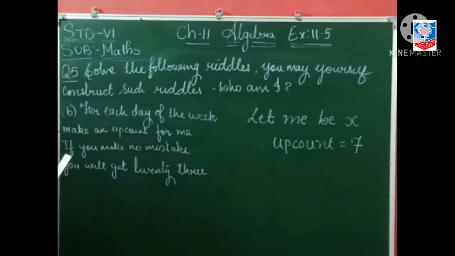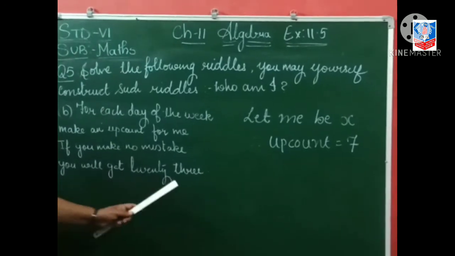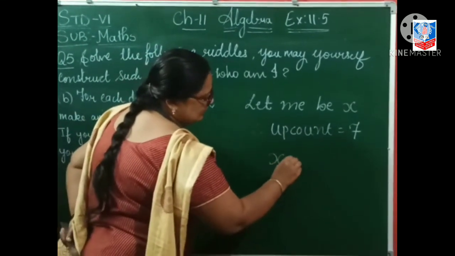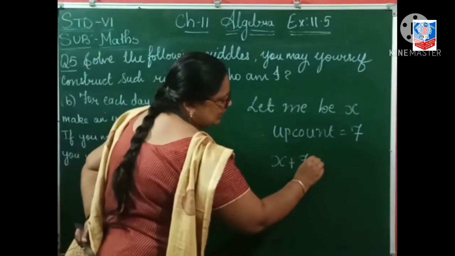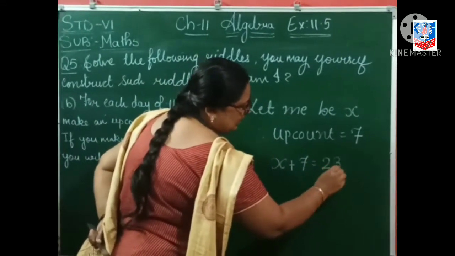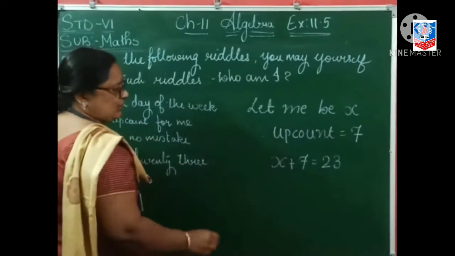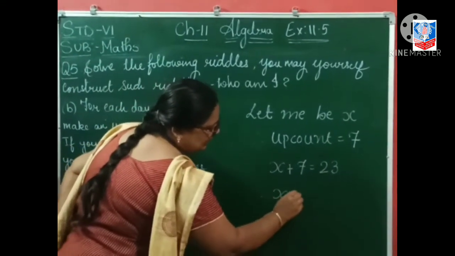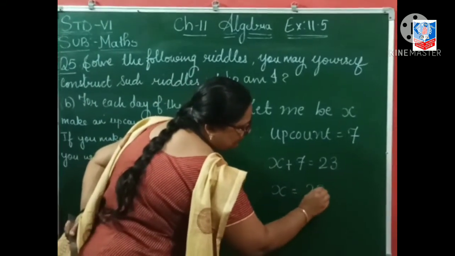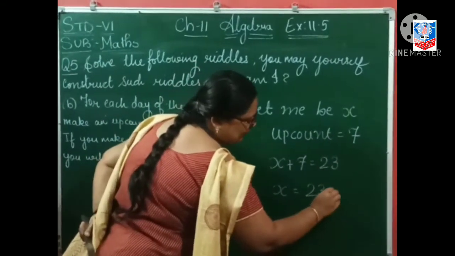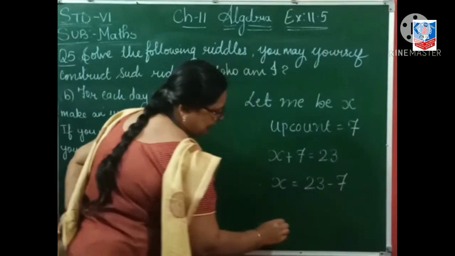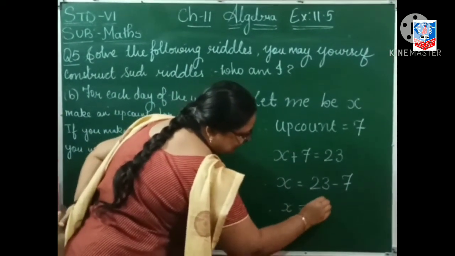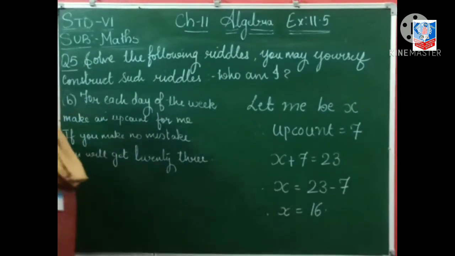Next, if you make no mistake, you will get 23. So x plus 7 is equal to 23. Now we have to find what is the value of x. Therefore x is equal to 23, bring it here, plus 7 will become minus 7. Therefore x is equal to 16. Understood?